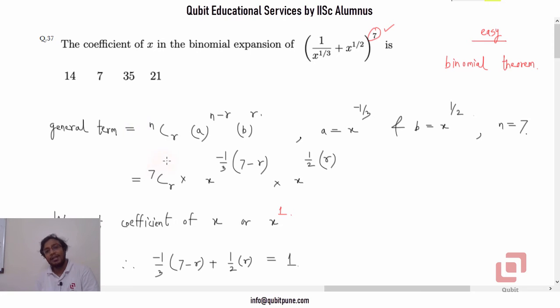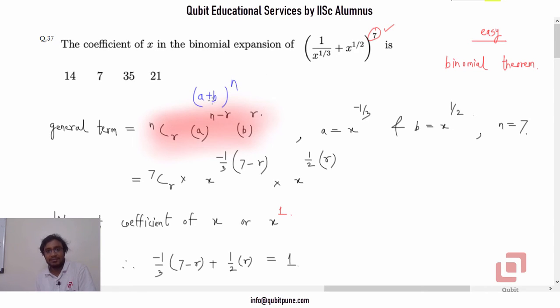Okay, general term in the binomial expansion, which is the r plus 1th term, is nCr into a raised to n minus r into b raised to r. So first term is a, in the expansion of (a plus b) raised to n.